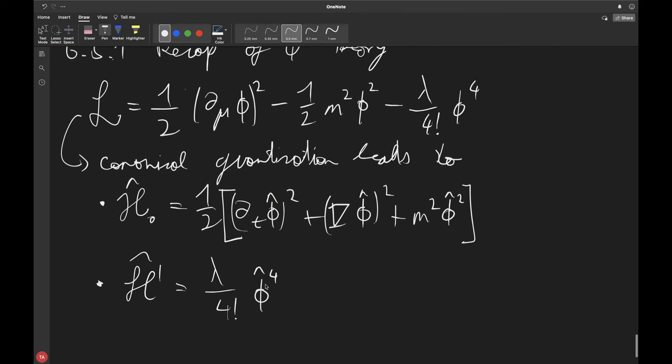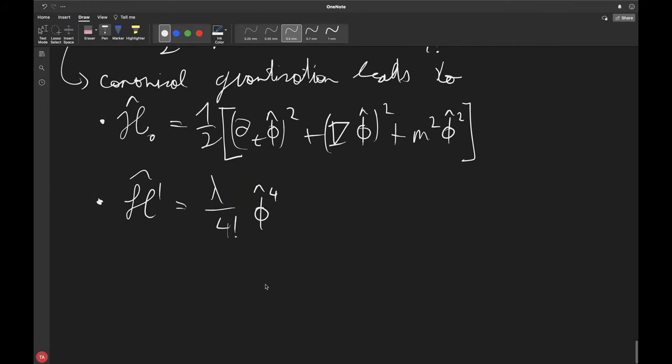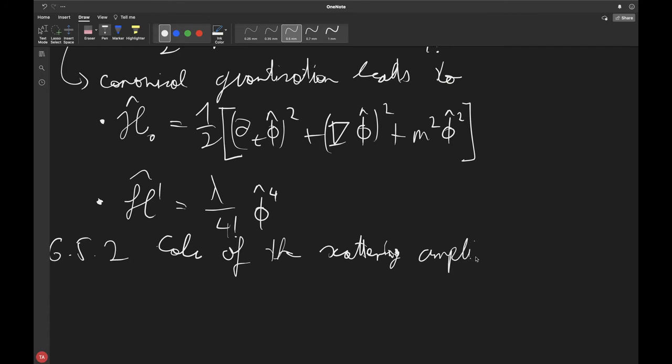The next thing to do is to calculate the scattering amplitude. 6.5.2 is the calculation of the scattering amplitude.